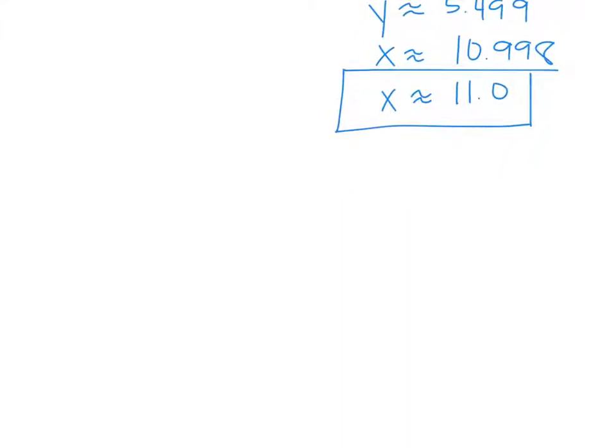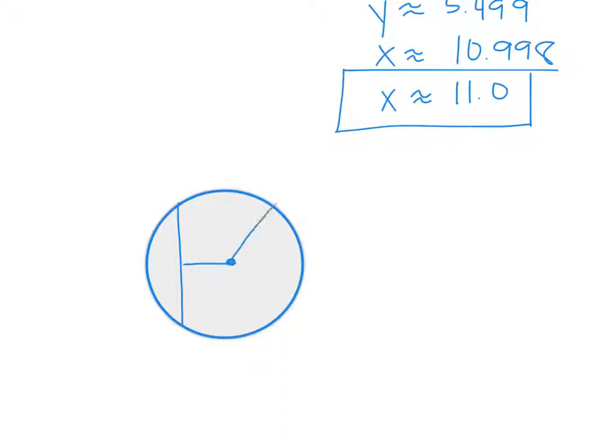All right, last one. You have 15 here, 11, and 11. Okay, so think about what we know.